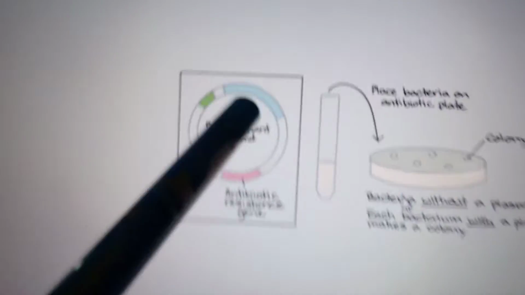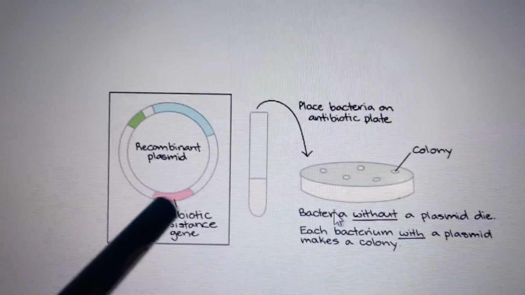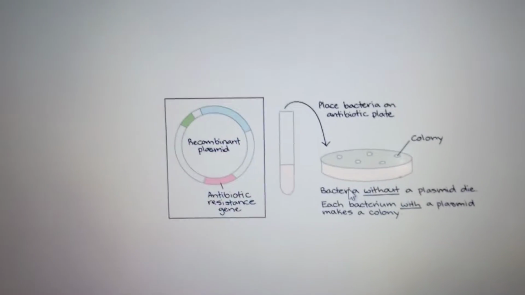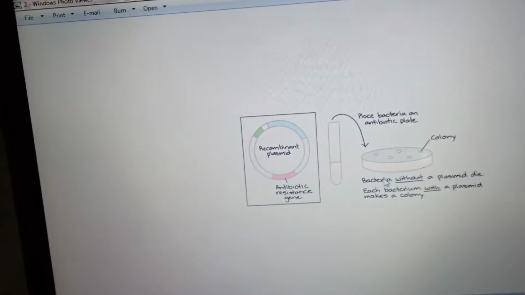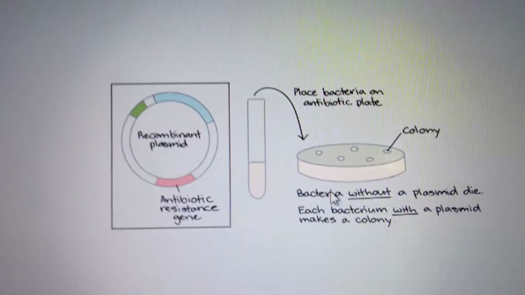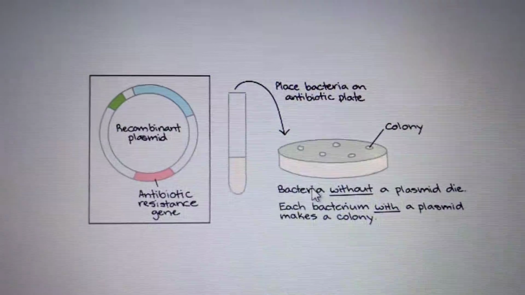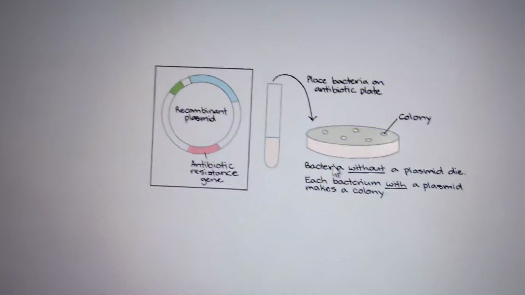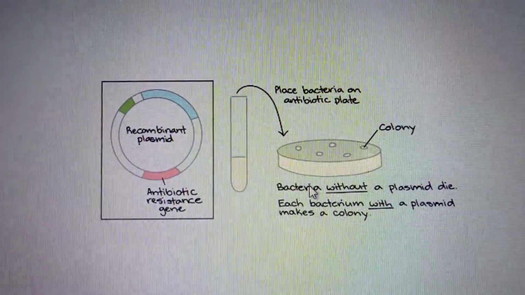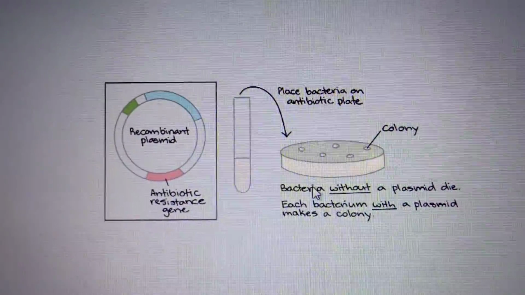You can see this diagram of a recombinant plasmid conferring the antibiotic resistance gene. Plasmid mediated resistance is the transfer of antibiotic resistance genes which are carried on plasmids.